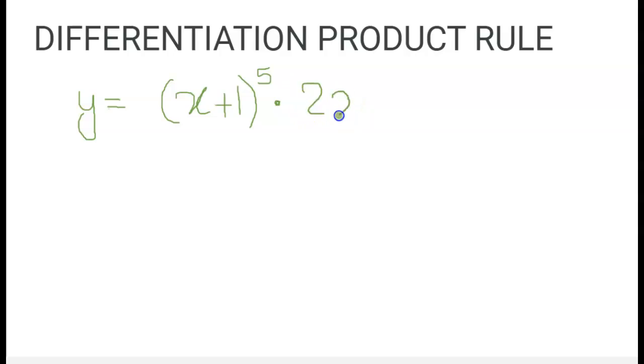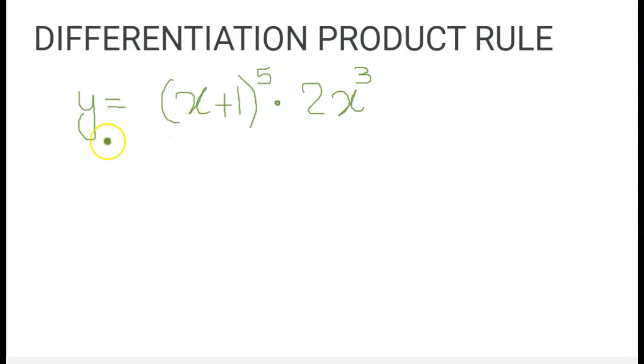Let's say we have a question where y equals (x plus 1) to the power 5 multiplied by 2x cubed. Now here I have to choose the u and the v.